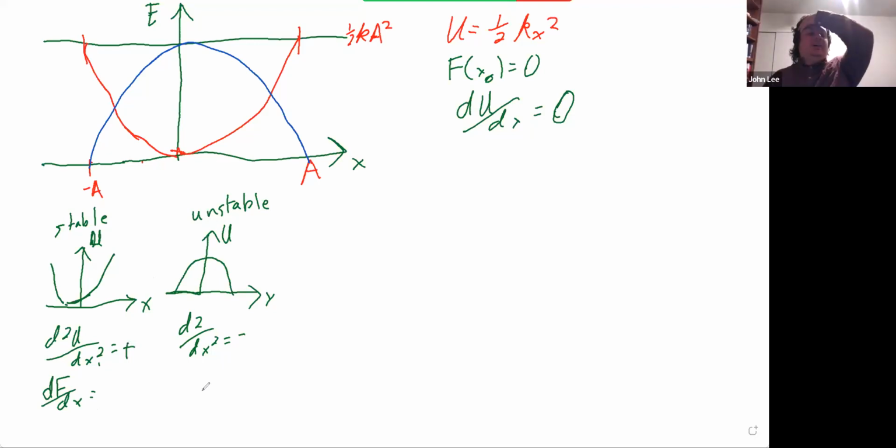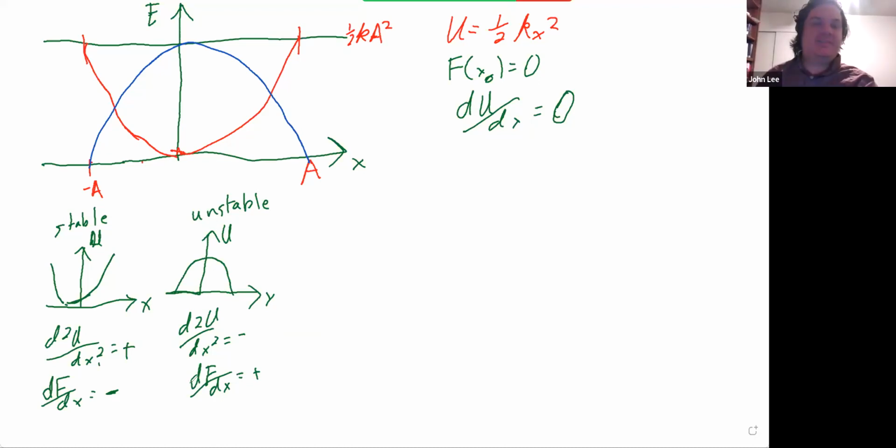D squared U dx squared equals negative for the unstable one because it's curving down like this. So dF dx has to be negative for d squared U dx squared to be positive, and dF dx has to be positive in order for it to be an unstable equilibrium.